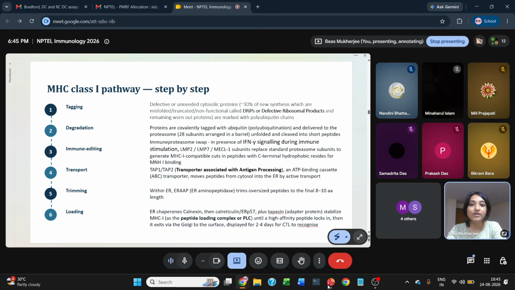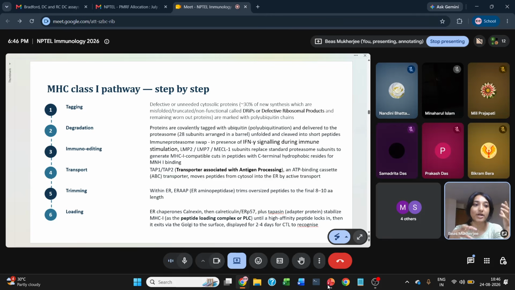Achha. Now we come to TAP1 and TAP2. So TAP is transporter associated with antigen processing. This is its name. So TAP1 and TAP2 form a heterodimeric complex, and then what happens is an ATP binding cassette or ABC transporter. So ABC transporter is kind of a channel on the membrane, and this allows the peptide to go from the cytosol into the ER by active transport.